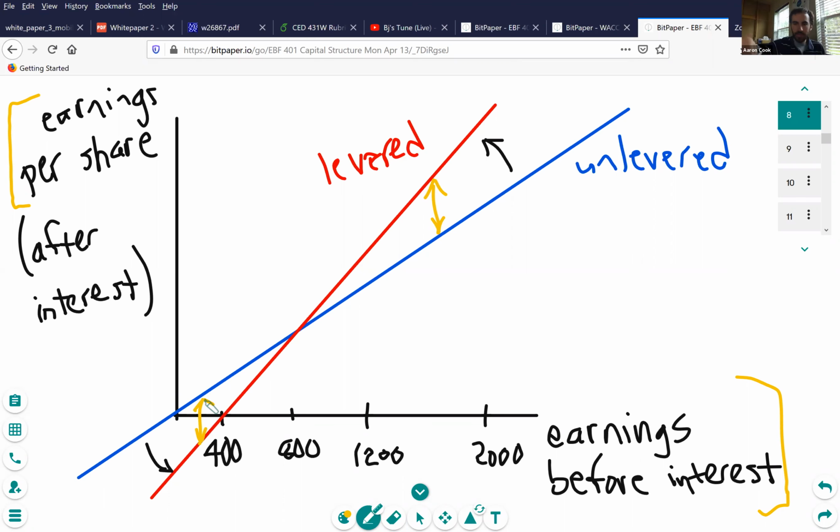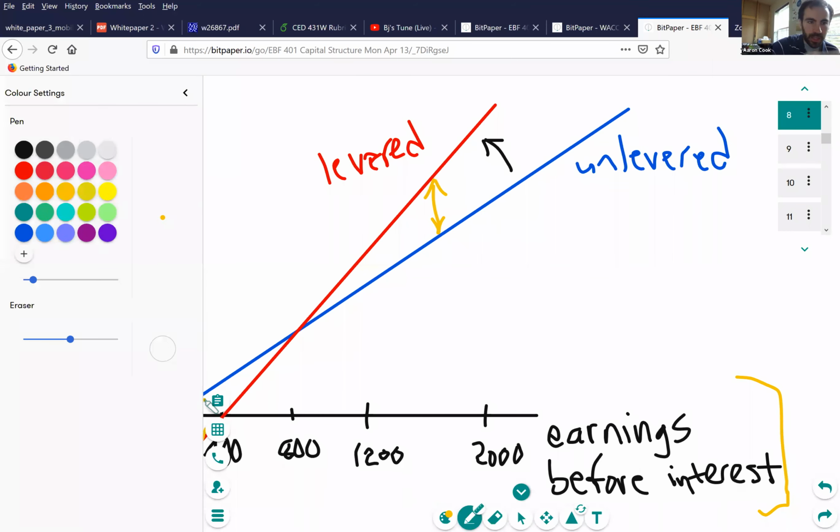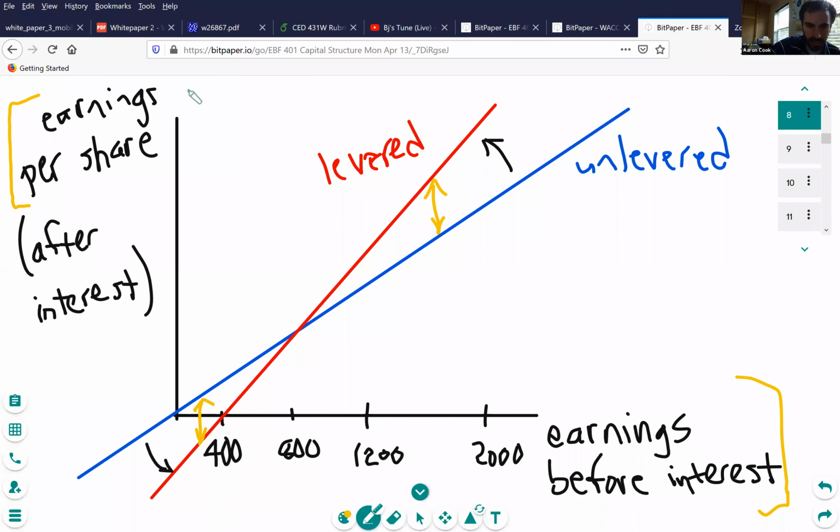And so you can think about this, levering up. It's almost like you have a seesaw here, where the fulcrum is sitting here, and leverage just kind of rotates this curve around the fulcrum of this lever, or this seesaw, where you take your existing earnings potential.